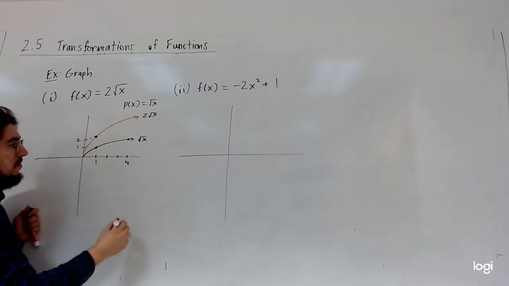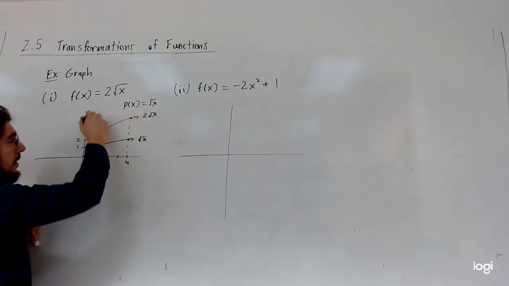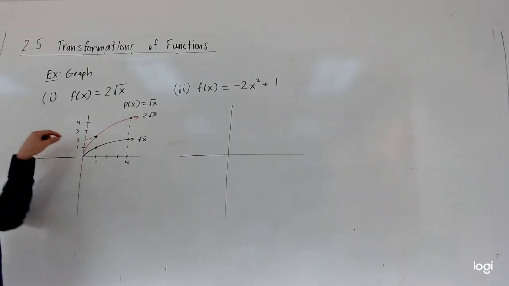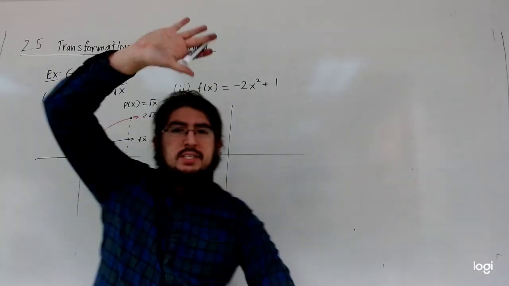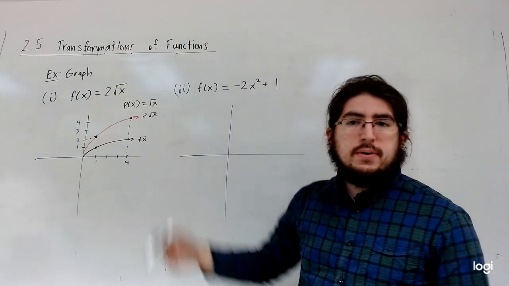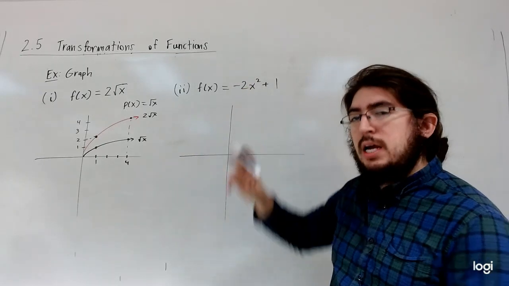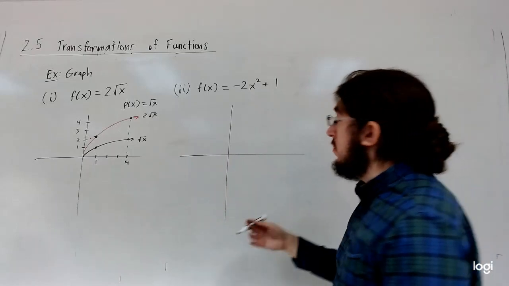So this is 2. Similarly, when you plug in 4, you get, well, double that point. So you get 4. Which should make sense because this height is stretched up by a factor of 2. So we're just stretching things vertically by a factor of that number. Same thing here. This is 2, but it's negative 2. So not only are we stretching, but we're also flipping, because negative on the outside is a vertical flip.